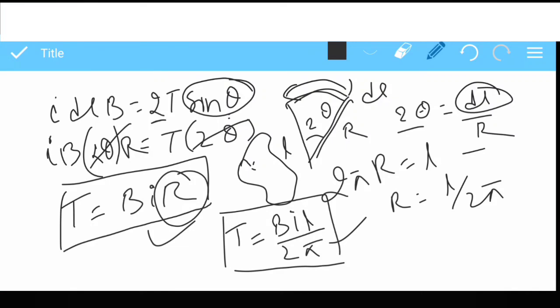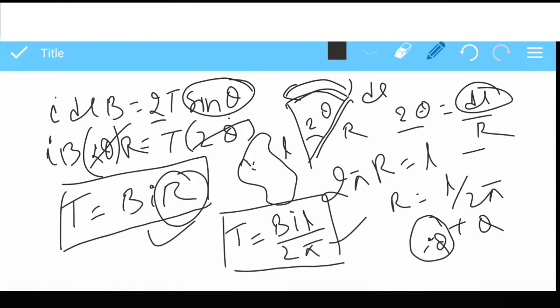I hope this derivation, or actually this mathematical concept, is clear, because this concept of tension in the string is used in many places. Like suppose you have a charged ring carrying charge capital Q, and at the center you have a charge. Then again this ring will experience a force, and because of that force there will be tension.